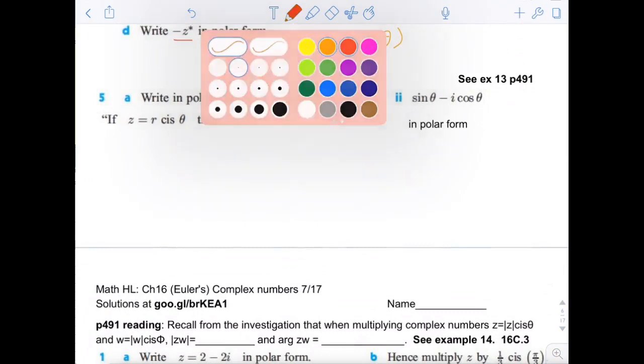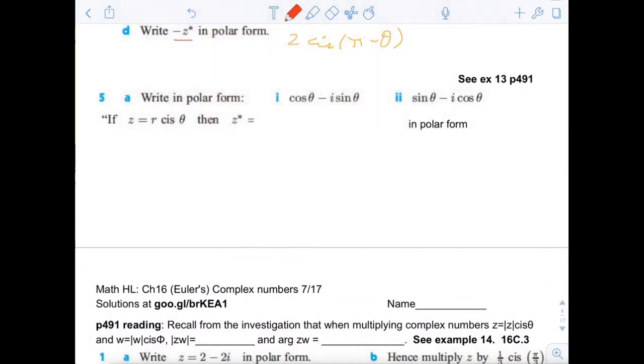Last one. So write in polar form, cosine theta minus i sine theta. This is interesting. So if I have a theta value, then the x component is here, and the y component, I'm saying it's minus i sine theta.